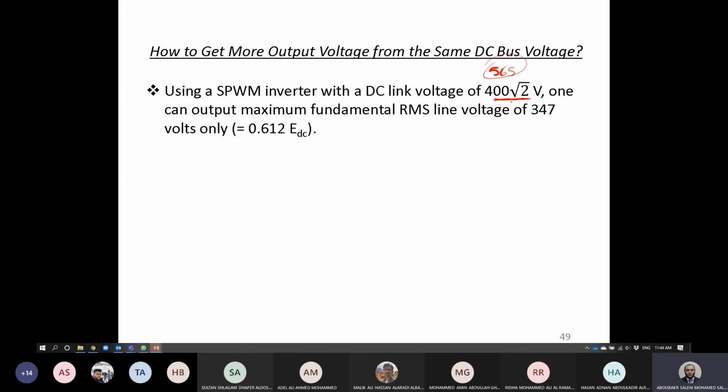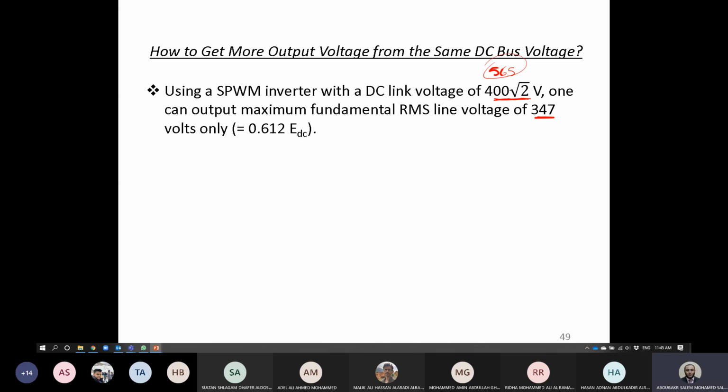The maximum possible output, guys, for the fundamental that can be obtained from this voltage will be 347. This is the maximum line-to-line AC voltage that we can obtain from the inverter if we apply the sinusoidal pulse width modulation. Now, guys, if we have a motor of 400 volt, what can we do? We need higher voltage now.